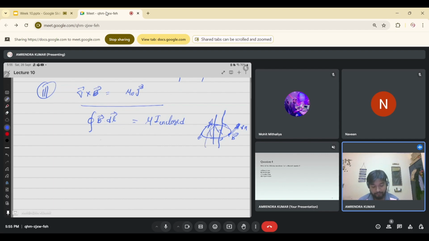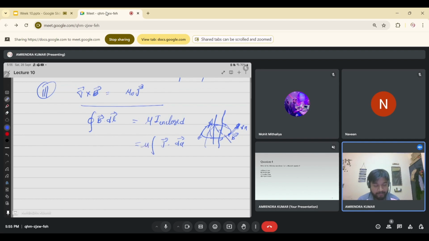If you write it in terms of current density, you can write J dA integrated over the area element, times mu.